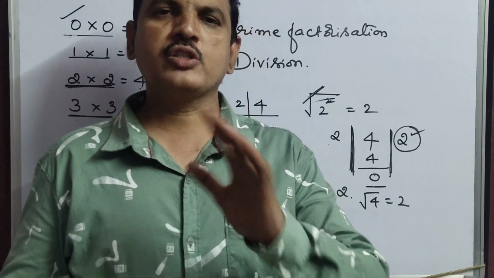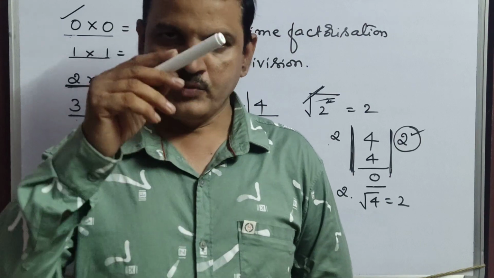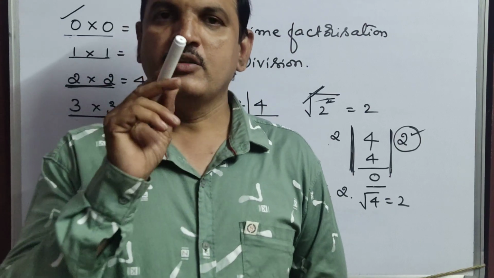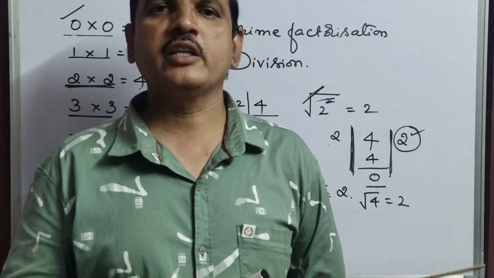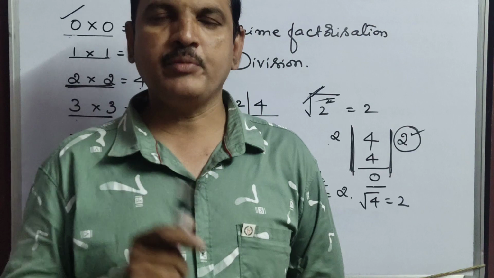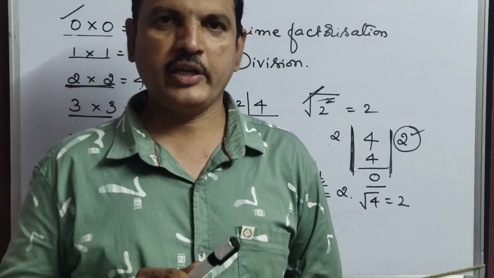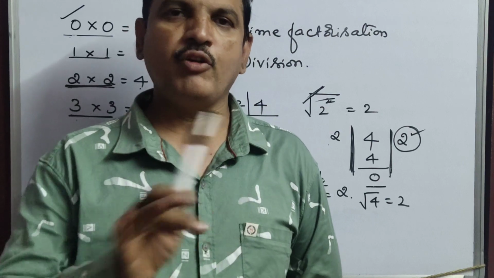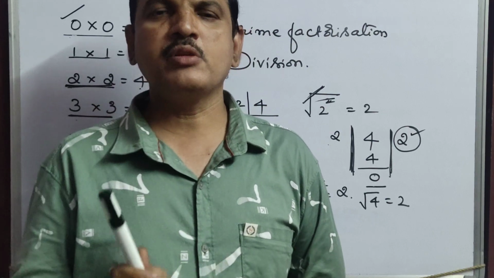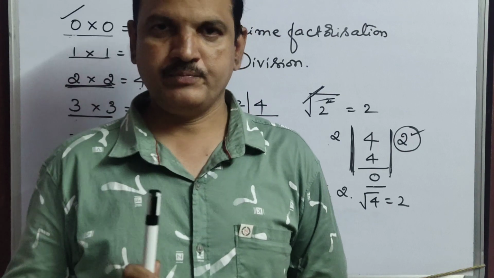Because for most of the sums, prime factorization will take some time for calculation, whereas the division method will not take that much time. So in an examination, 100% follow the division method. But if you are very perfect in tables, then you can go for prime factorization, nothing will happen, but it will take longer.